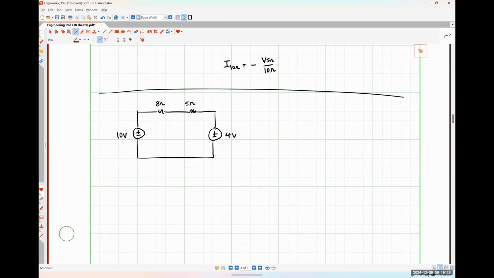I am going to assign the voltage drop across the 8 ohm resistor like so, and the voltage drop across the 5 ohm resistor like so, just for the sake of argument.